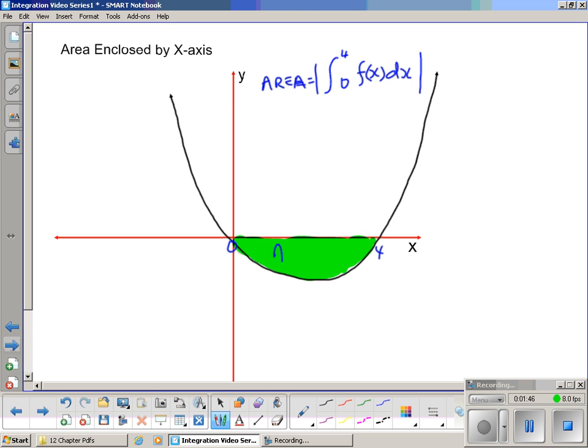So this is the area we're trying to find in green here, the area between the curve and the x-axis, but we would get a negative answer there if we did all the algebra properly. So we'll have to take the absolute value, in other words, turn any negative values into positive values to make sense of that area enclosed by the x-axis and the curve in this particular case.